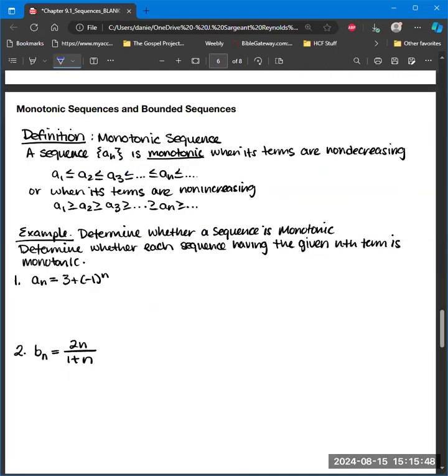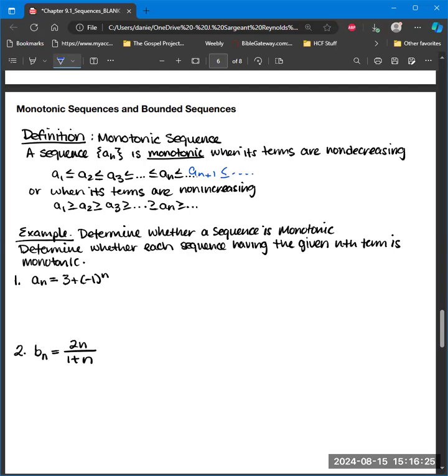Let's talk about what a monotonic sequence is now. A sequence a sub n is monotonic when its terms are non-decreasing or when its terms are non-increasing. So it's monotonically non-decreasing when a sub 1 is less than or equal to a sub 2 is less than or equal to a sub 3, and so on, a sub n is less than or equal to a sub n plus 1, and so on and so forth.